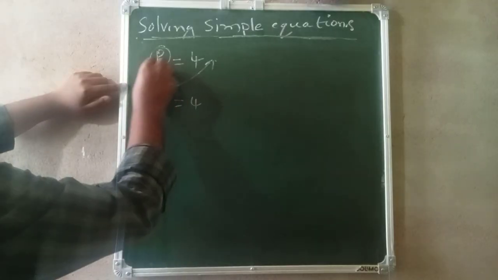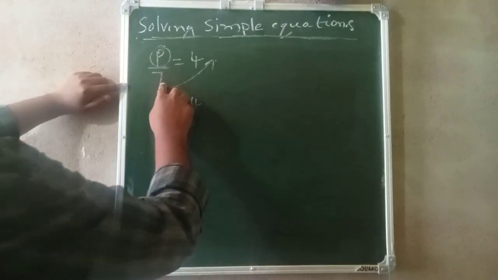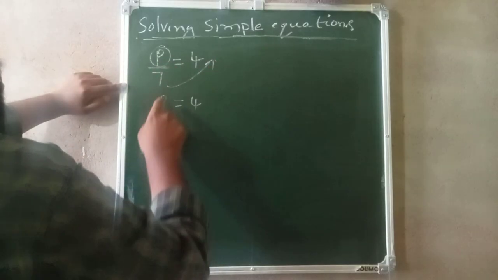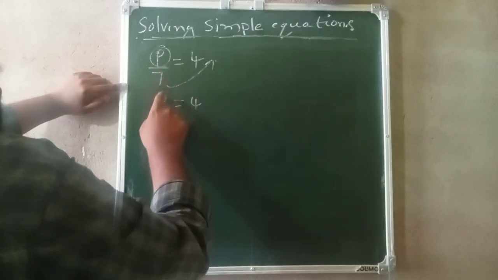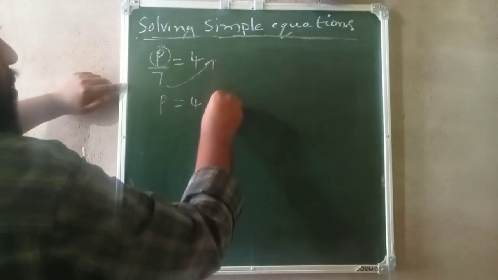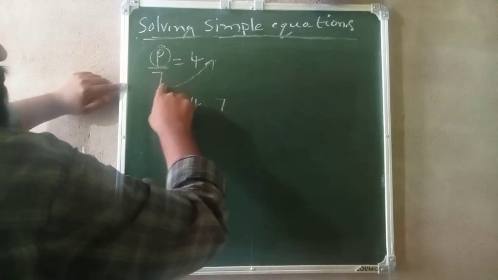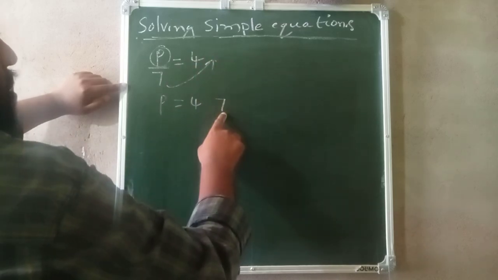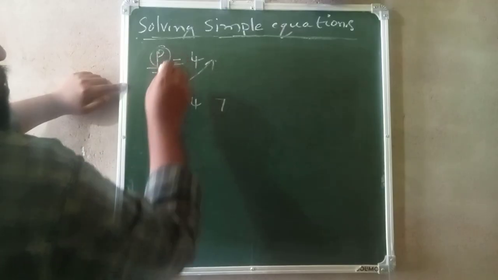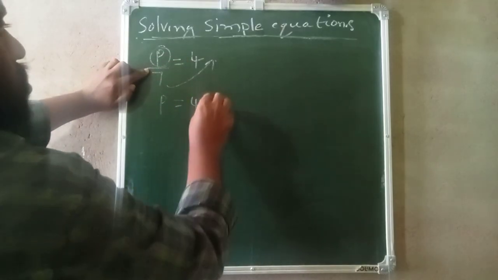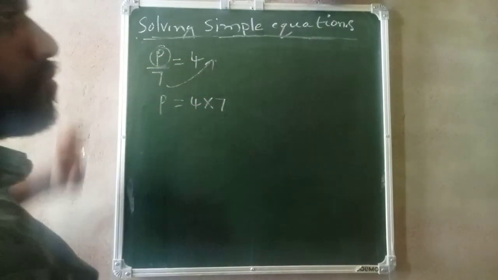See, this is divided by 7. So when you move this 7, because of this divided by, 7 will go here. So I've written 7. Because of this, division changes to multiplication.